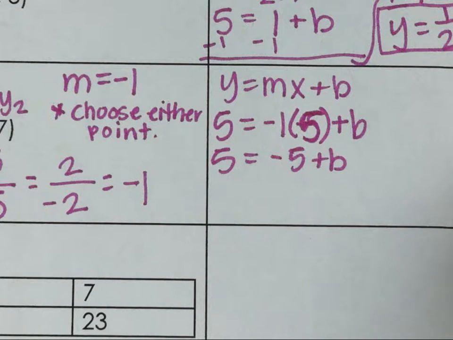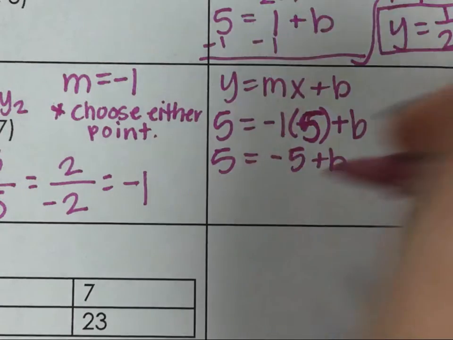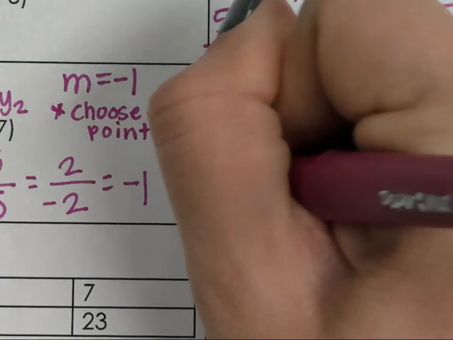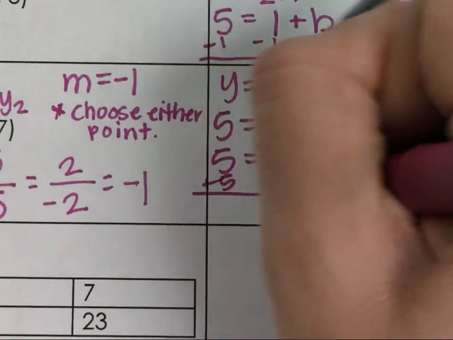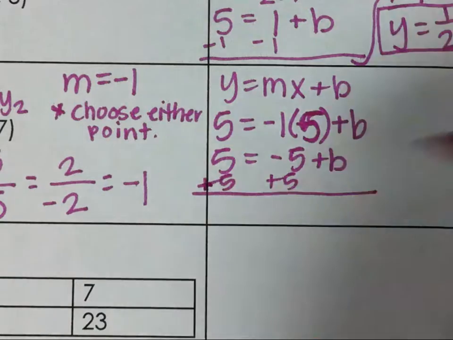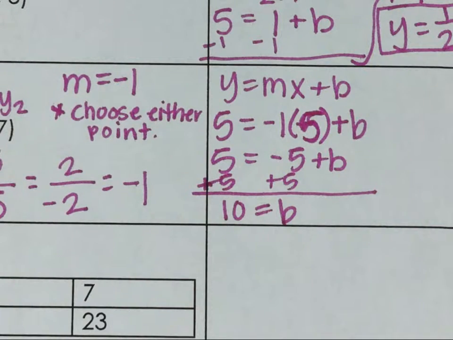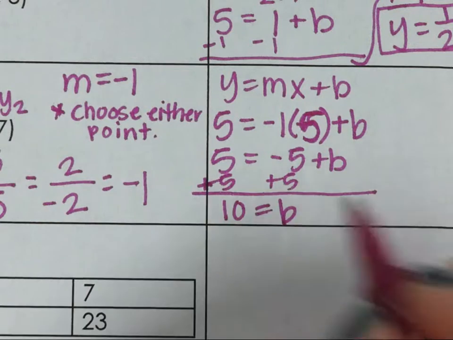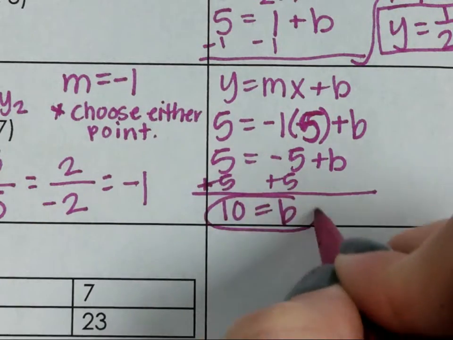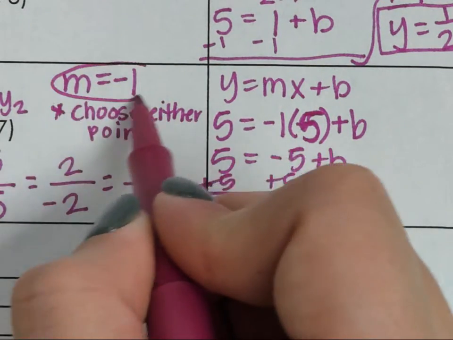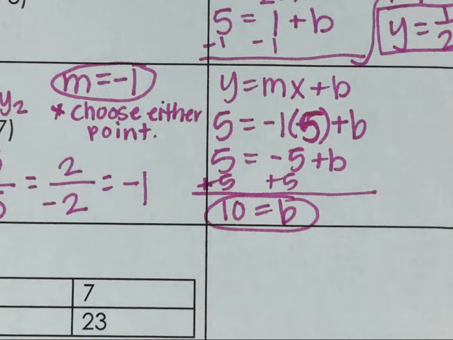What do I do now? Good. Add 5 to both sides. So b equals 10. So b equals 10 and m equals -1. Remember, my goal here is to write an equation in slope-intercept form.